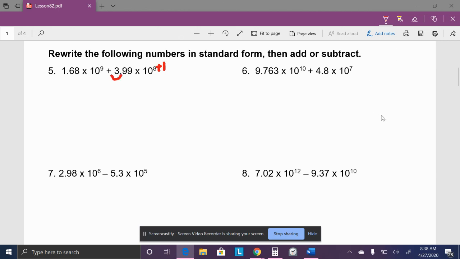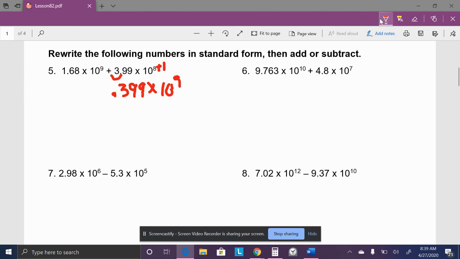So it's actually 0.399 times 10 to the 9th. You say, well, that's not in scientific notation. That's okay. Just our answer at the end has to be in scientific notation. We're using the rules of how to adjust the exponent. So we bring this decimal over to make this smaller, and this has to get bigger.